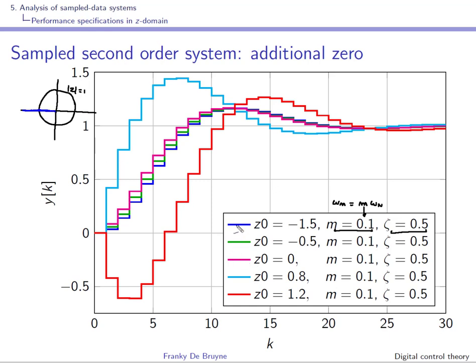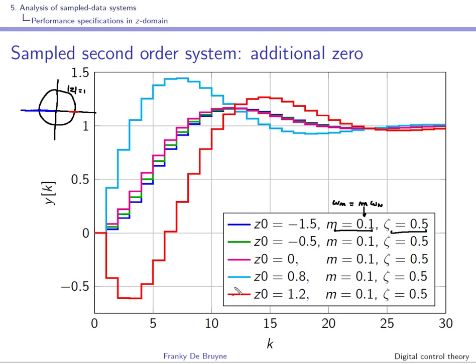This corresponds to the lines in blue, green, and pink. But then suddenly, when you come in the neighborhood of z equal to 1, the influence is larger.